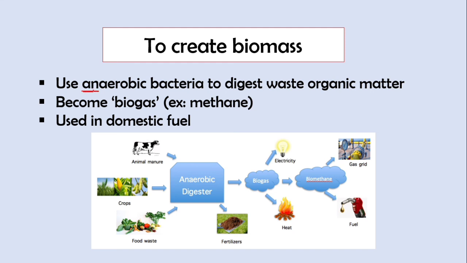These anaerobic bacteria will digest waste organic matter such as leftover food or plant debris that has fallen, leaves, branches. All this waste organic matter will be digested by anaerobic bacteria and turned into biogas, such as methane gas. And this methane gas can be used as domestic fuel.